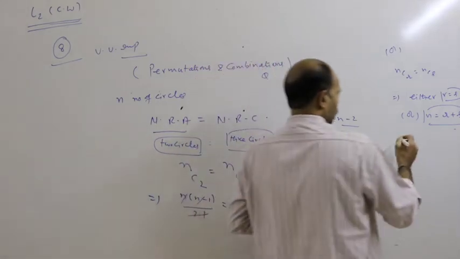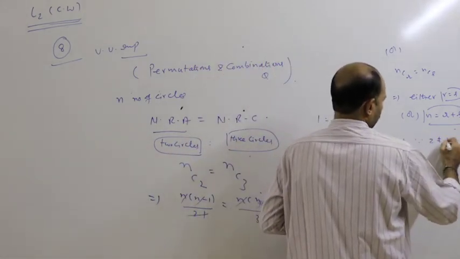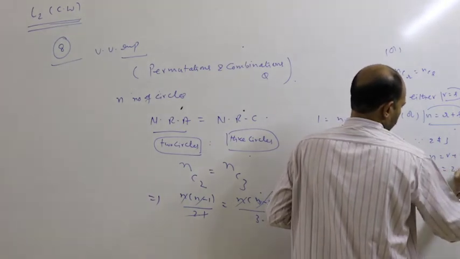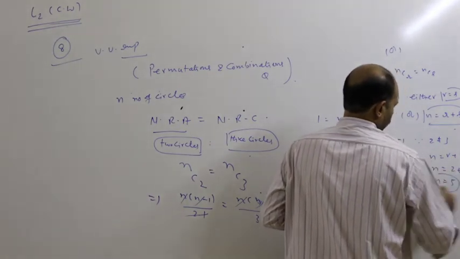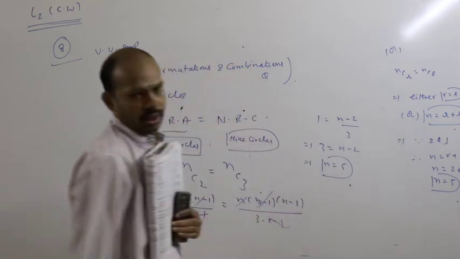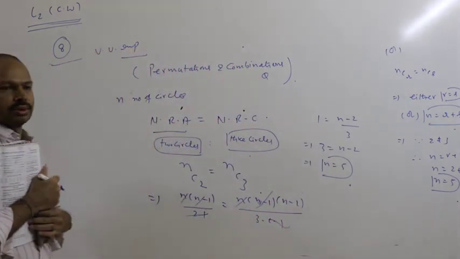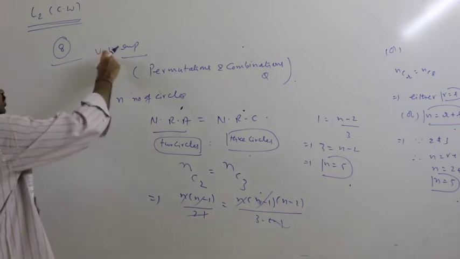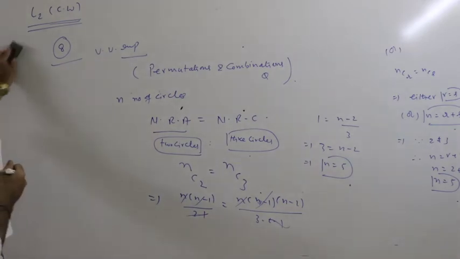Since 2 is not equal to 3, therefore n is equal to r plus s, n is equal to 2 plus 3, n is equal to 5. Just like that also we can do it. That is our next coming problem, an important and simple important problem number 8.